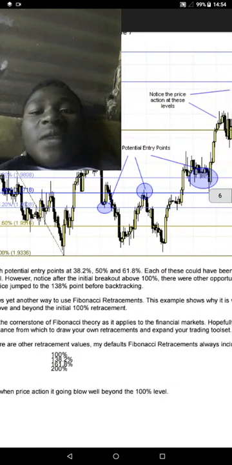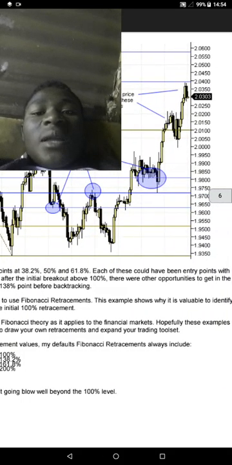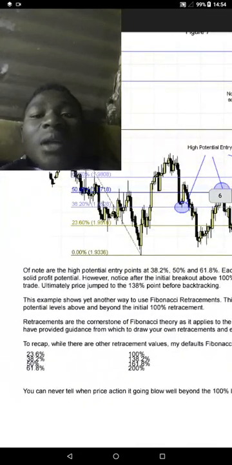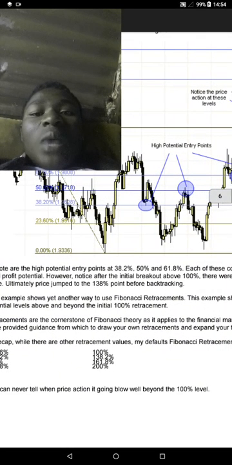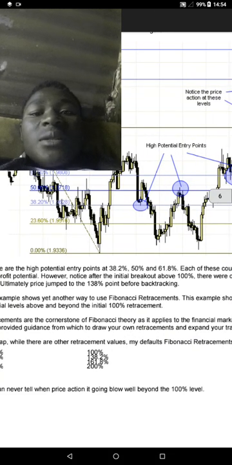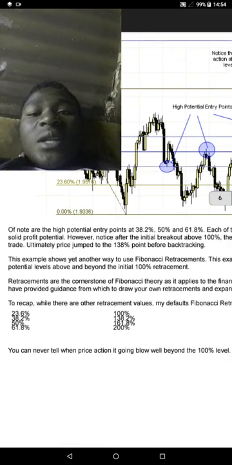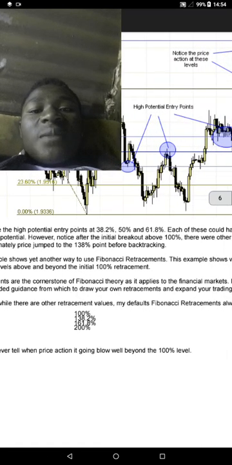However, notice after the initial breakout above 100%, there are other opportunities to get in the trade. Ultimately, price jumped to the 138% point before reversing. This example shows yet another way to use a Fibonacci retracement.